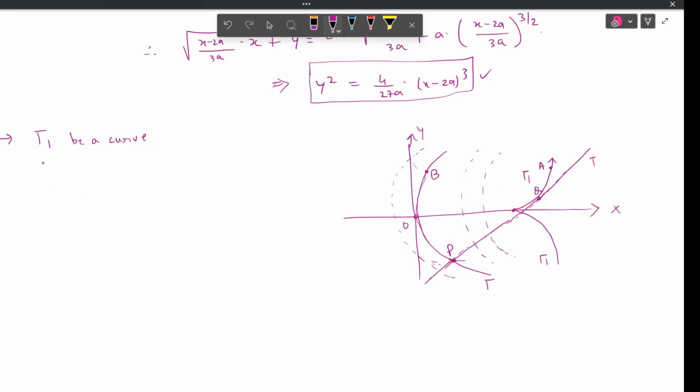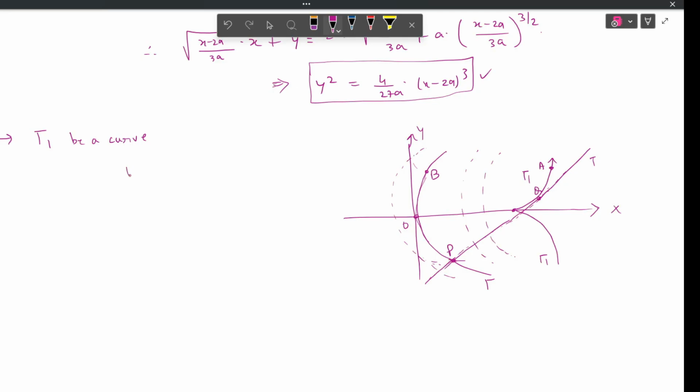Let us say this gamma 1 be a curve, and A be a fixed point on this gamma 1 curve. K be an arbitrary positive number.